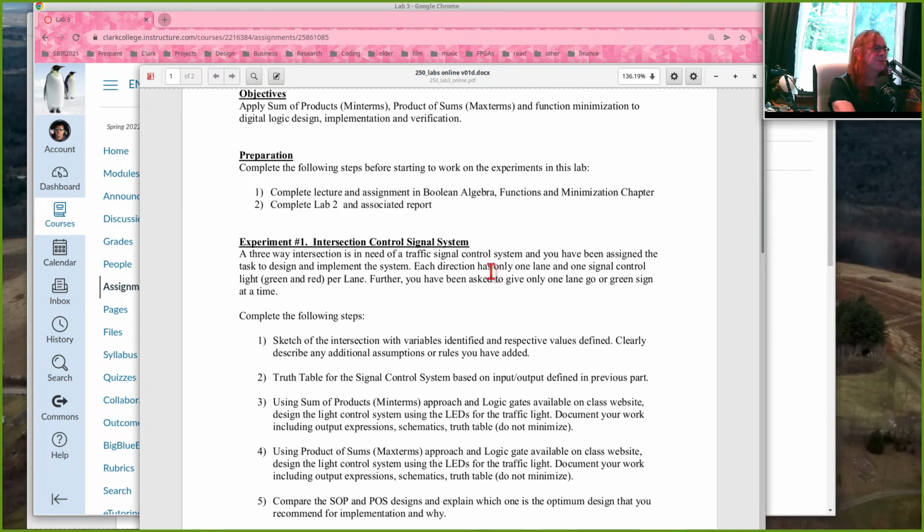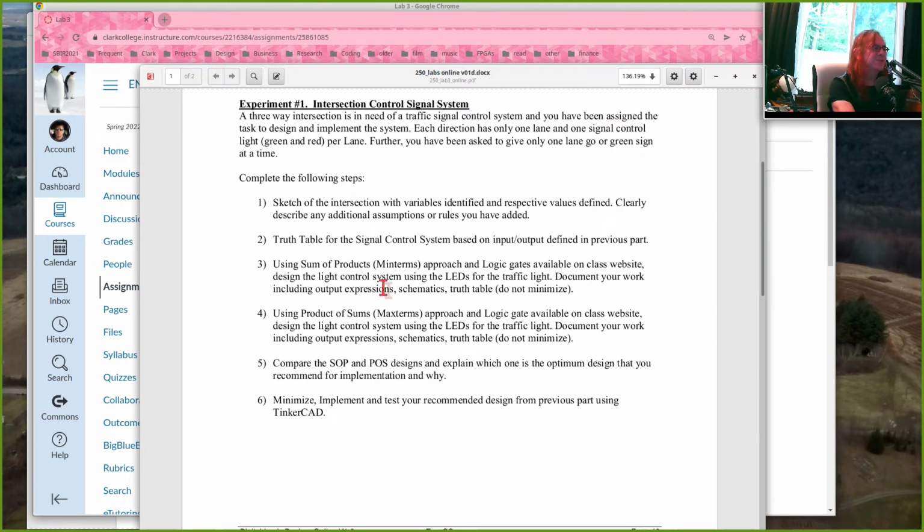All right, so one experiment, intersection control signal system. So same drill, three-way intersection is in need of a signal, and so on. So complete the following: sketch the intersection, identify the values for ones and zeros, you've done that. System diagram, not mentioned in here, but it's mentioned in the details.